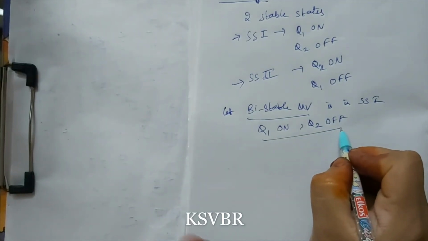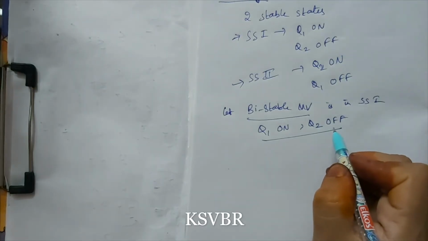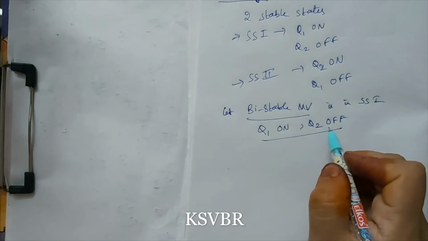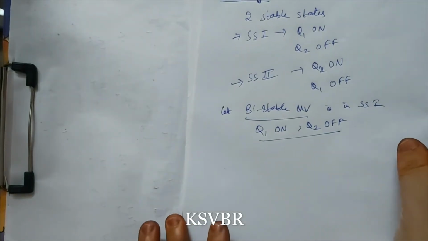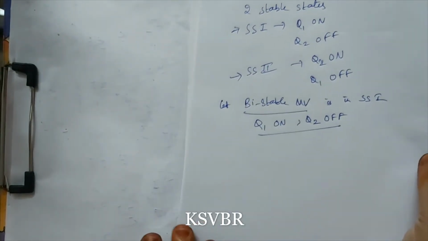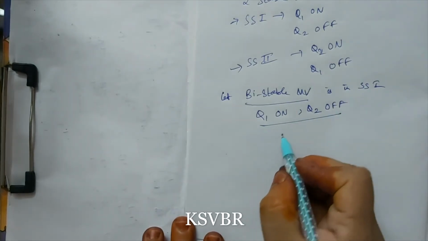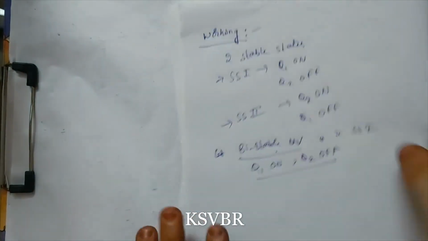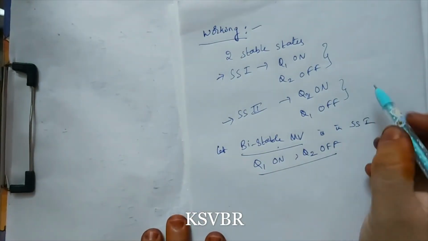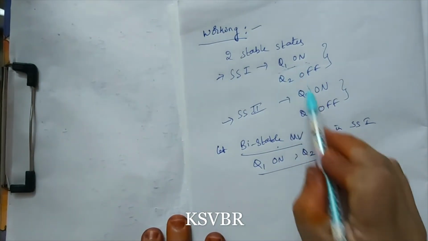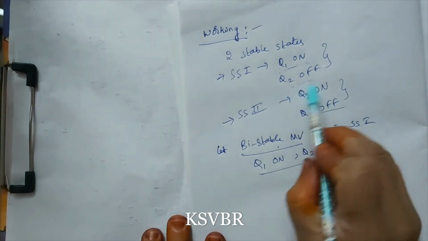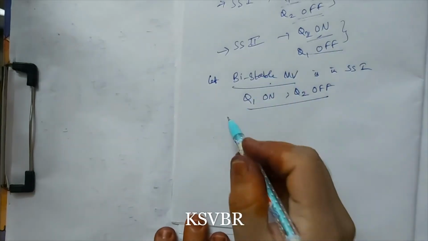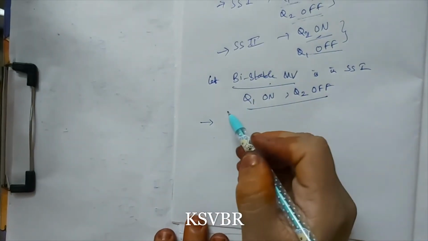As this is a stable state, we have to apply an external input signal. What is the external input signal? That is set and reset. We have to change this bistable multivibrator from this state to the other state, that means by making the on transistor off and the off transistor on. To do that, there are two ways.